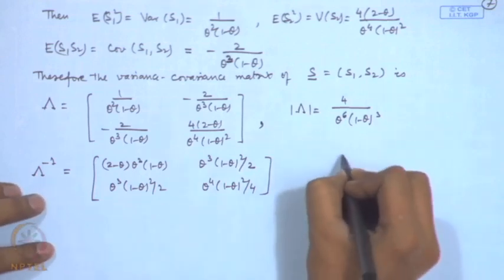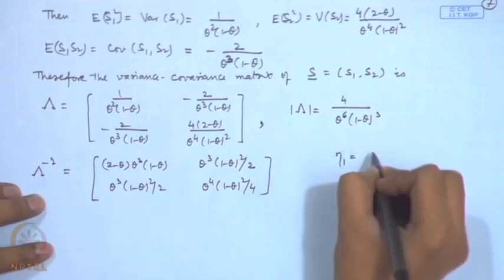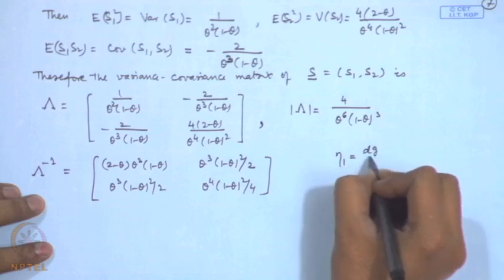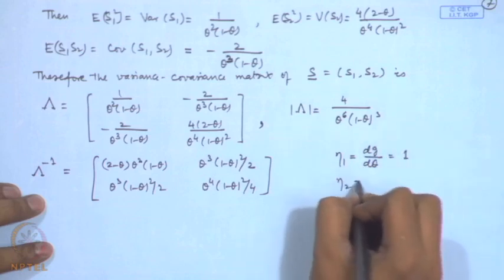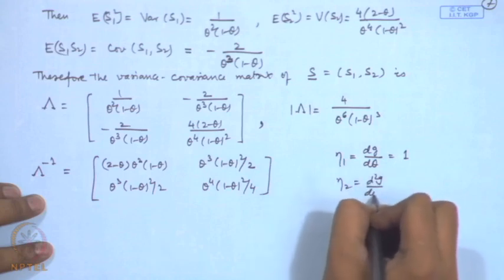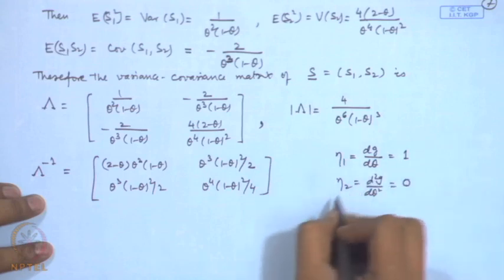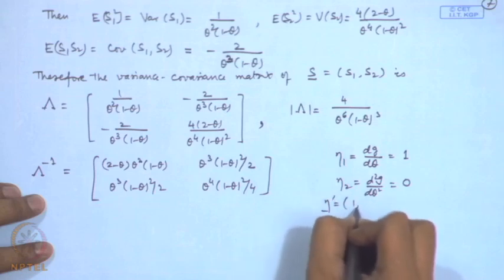We also look at what is eta. Eta 1 is dg by d theta, that is 1. Eta 2 will become d 2 g by d theta 2, that is equal to 0. So, your eta vector is (1, 0).